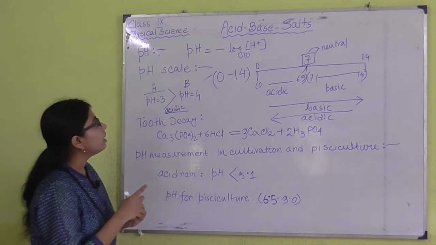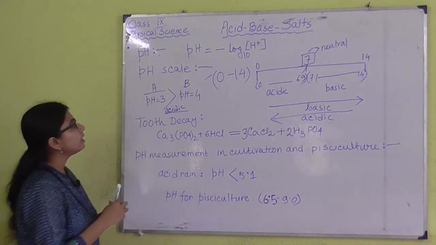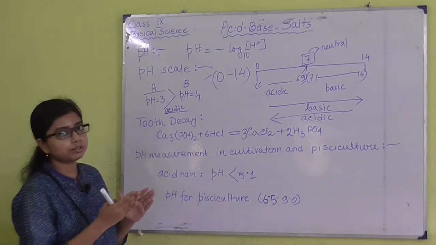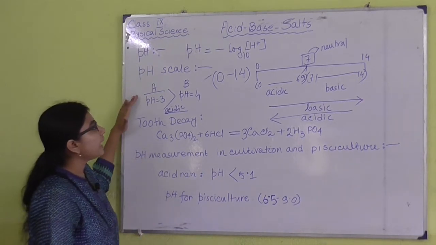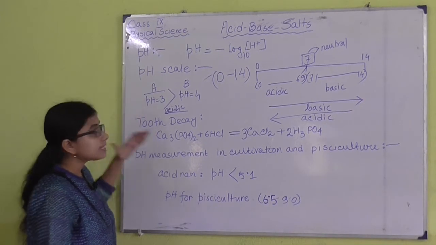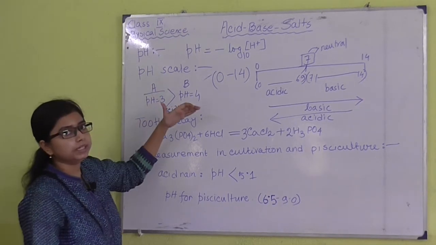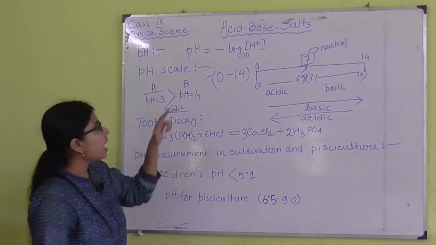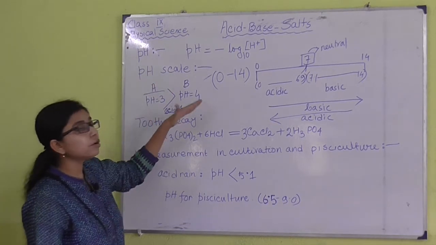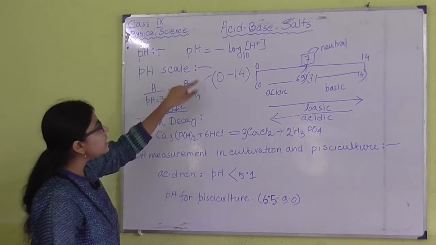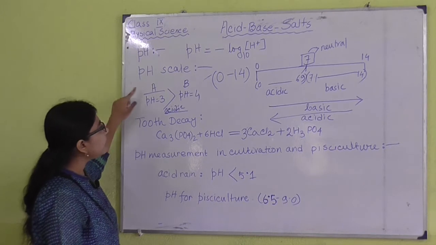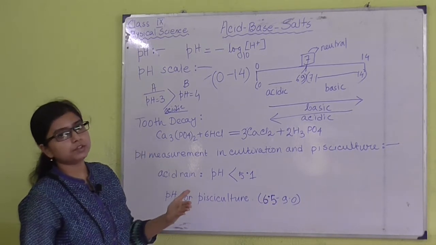And one more thing: if I have two solutions, solution A and solution B, suppose solution A has the lesser pH with respect to B. Here I have written solution A has the pH of 3 and solution B has the pH of 4. That means A contains more amount of H+ ion.